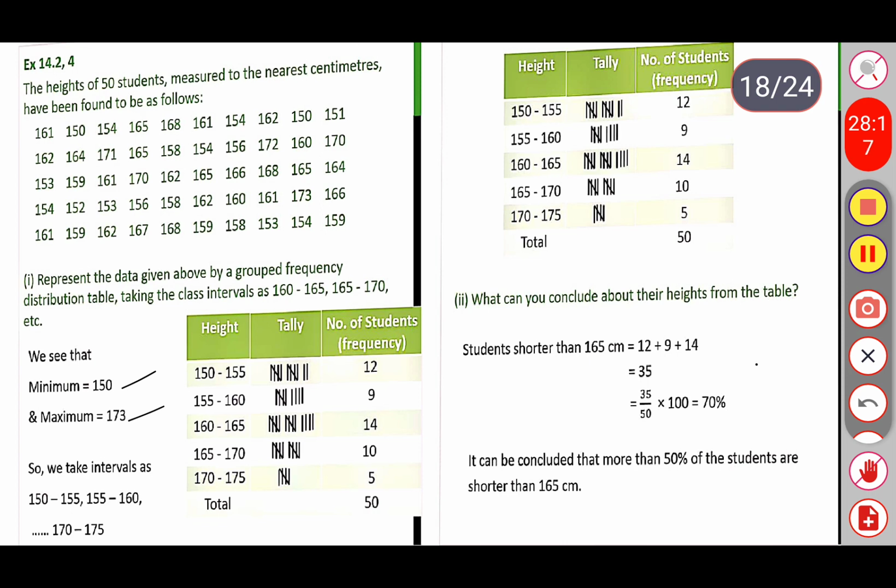Here the heights of 50 students are already given.